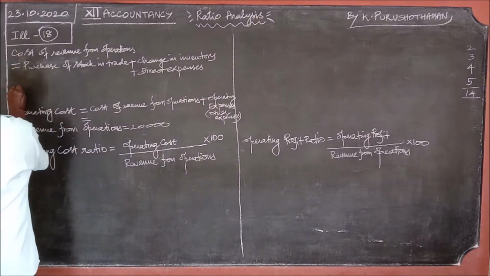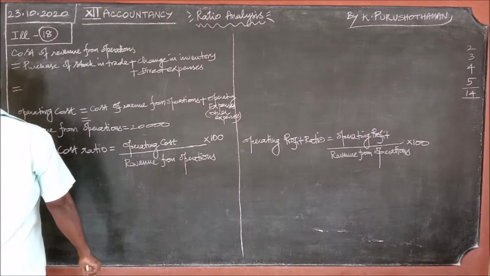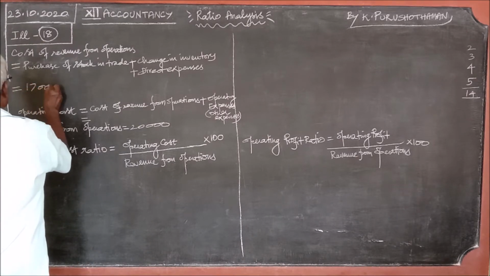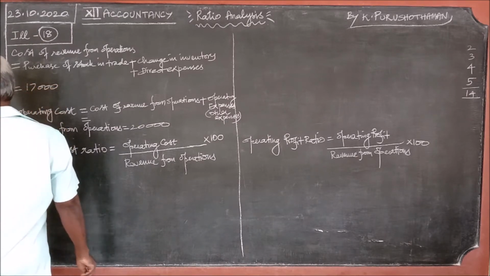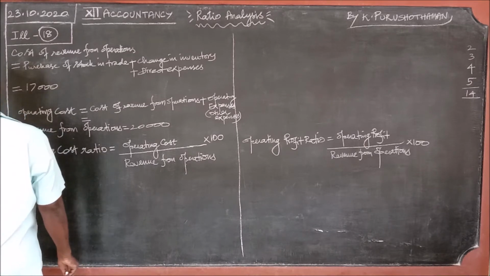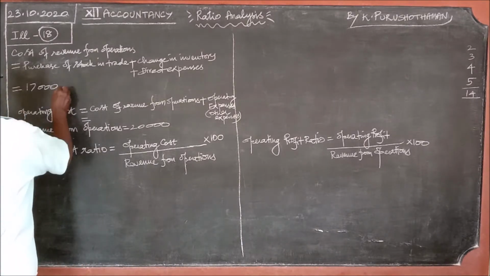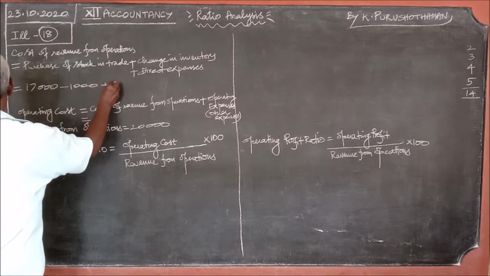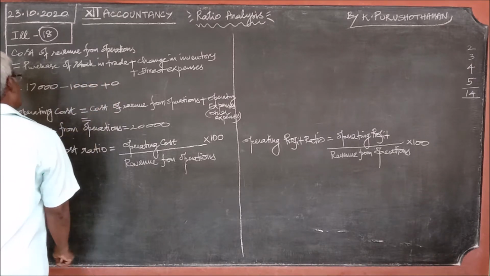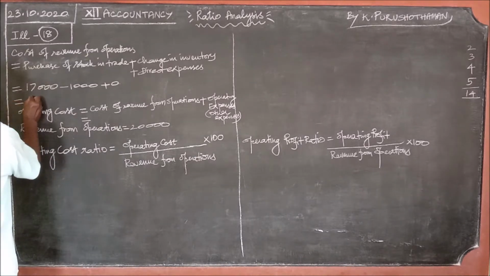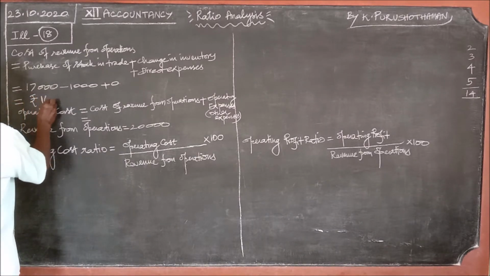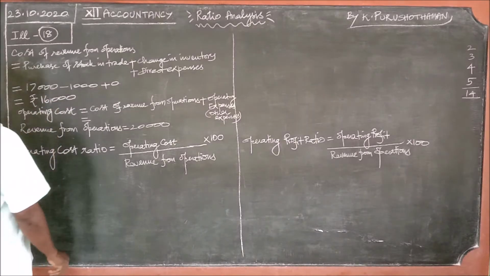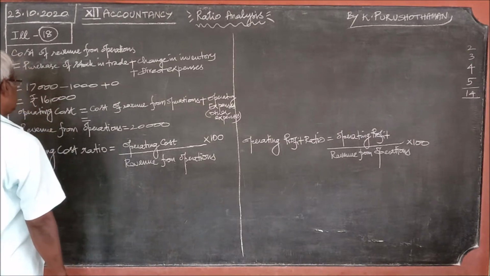This is equal to purchase of stock in trade 17,000, then change in inventories is minus 1,000, it is given, plus direct expenses, in this problem it is 0. So it is equal to 16,000. 17,000 minus 1,000, 16,000.